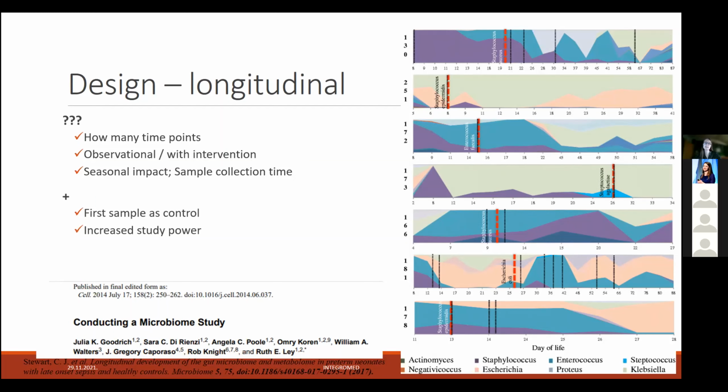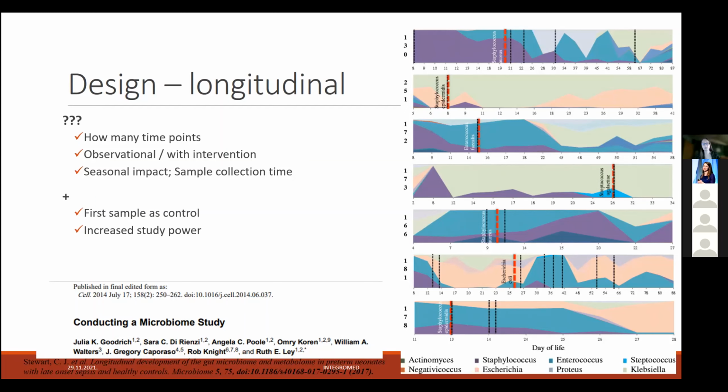Mostly, the first sample in a longitudinal study can be used as a control, which is a really important benefit, especially if it's possible to collect the sample before the intervention or before the observation and so on. For example, we collect samples from newly diagnosed type 2 diabetes patients, and we get the first sample before they start any treatment. So that is a significant control.